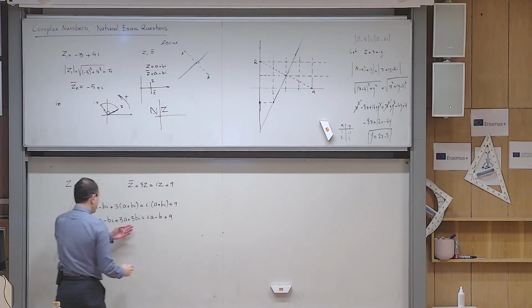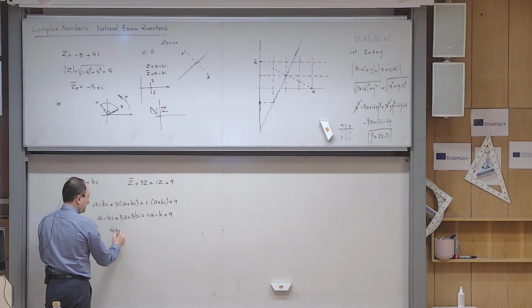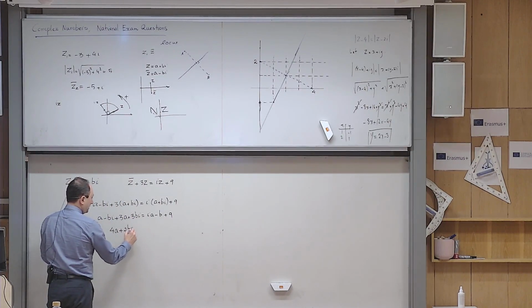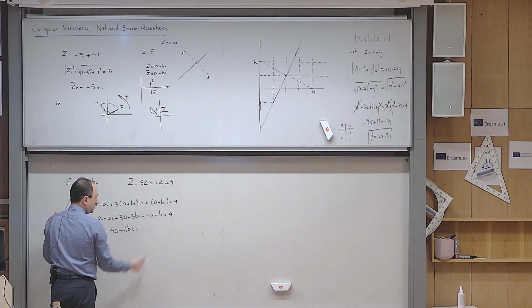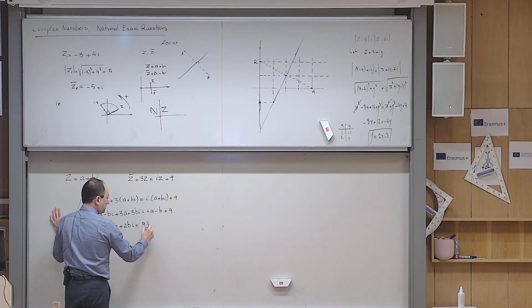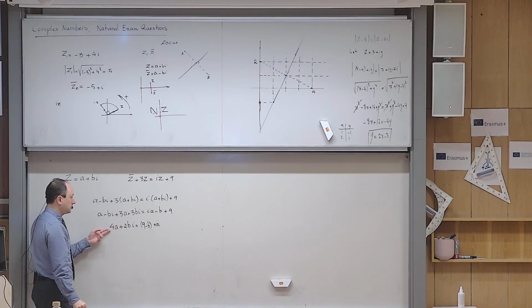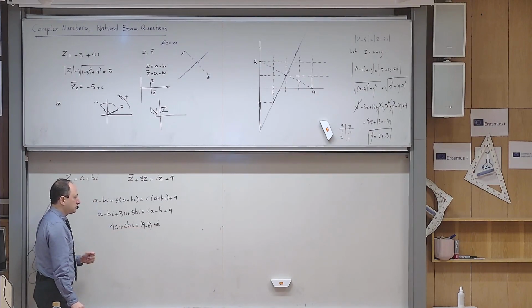9. The left-hand side, I can collect them, it is 4a, and this becomes 2bi. The right-hand side, I just write in standard form. So I write 9 minus b, and then ai. Then I have a complex number on the left in standard form and another complex number on the right in standard form, and they are supposed to be equal.